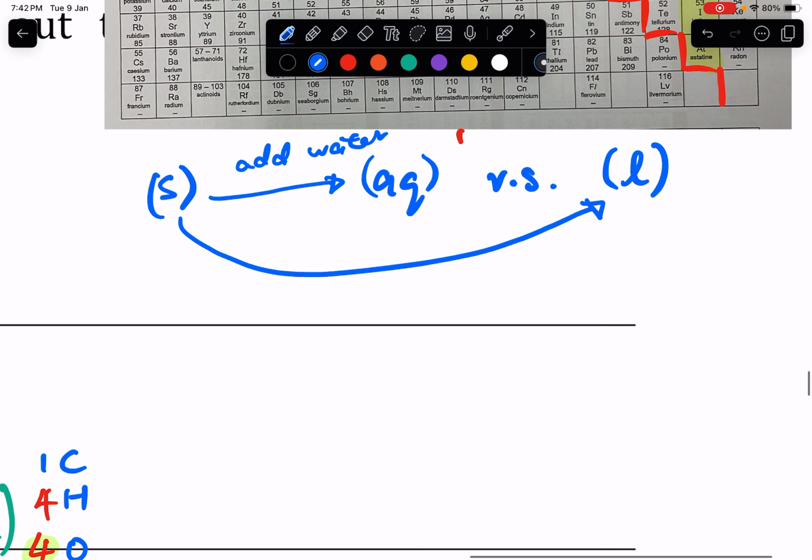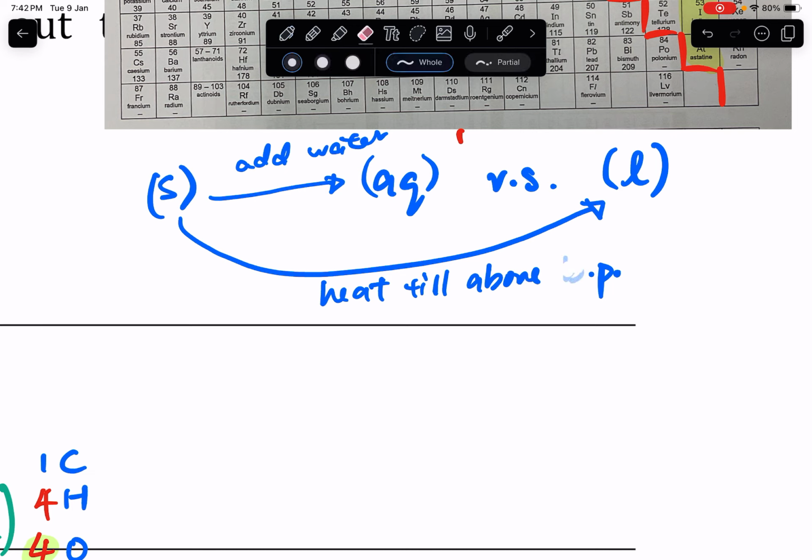I need to heat it up till above melting point. Then it will become a liquid, right? Boiling point, then become gas already. Okay, heat until above melting point.